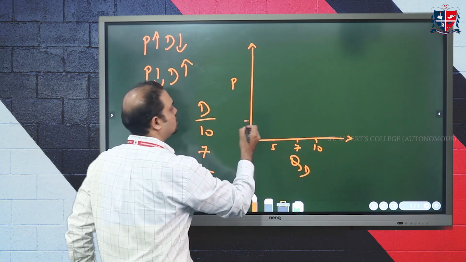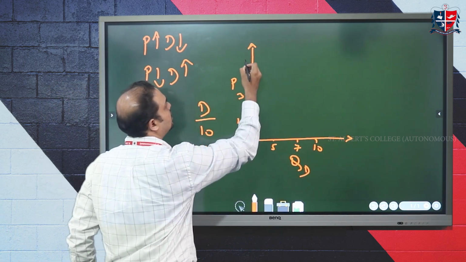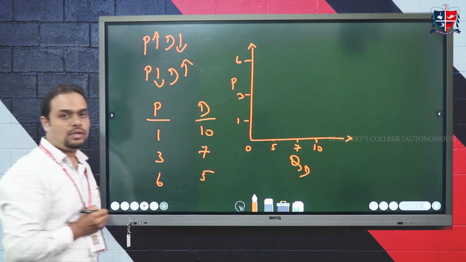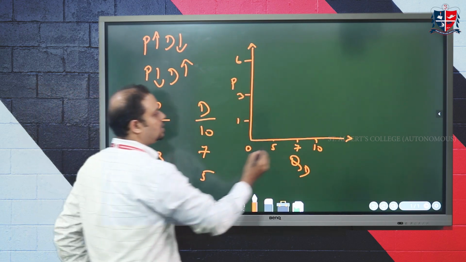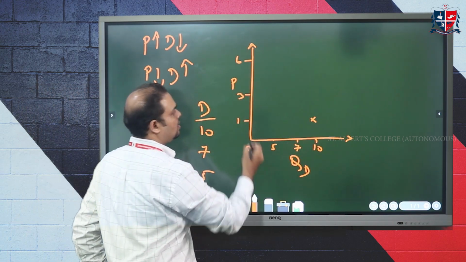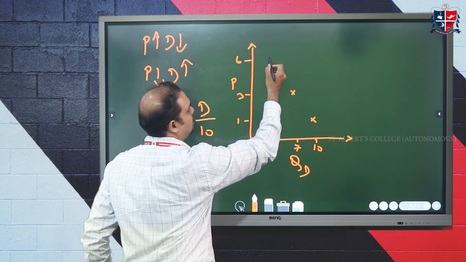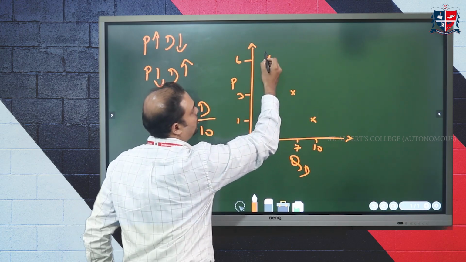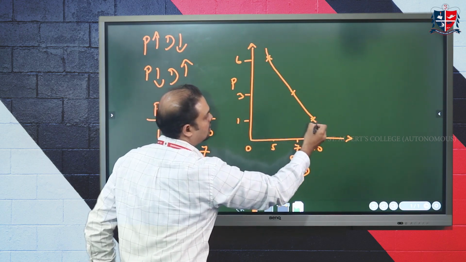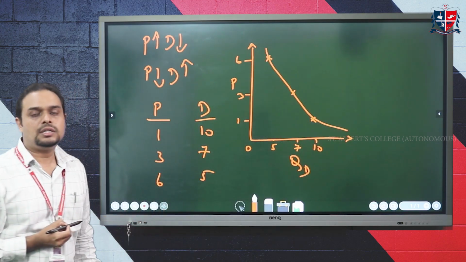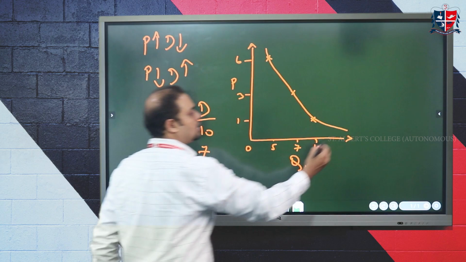Similarly, there is 1, 3, and 6. For 1, you can see that the demand is here. For 3, the demand is here. And for 6, the demand is here. If I plot it like this, this is my demand curve.